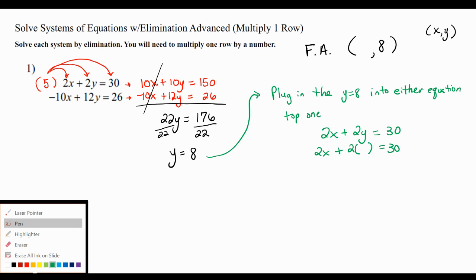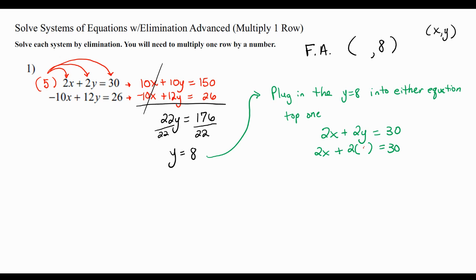And I'll use a different color for that. So we found that the y was worth 8. And then you just go ahead and do the math, right? So 2x plus 2 times 8 is 16 equals 30. Then we're going to subtract the 16 so we can move it over and solve. So the 2x will be equal to, because this cancels, right? 16 minus 16. 30 minus 16 is 14.